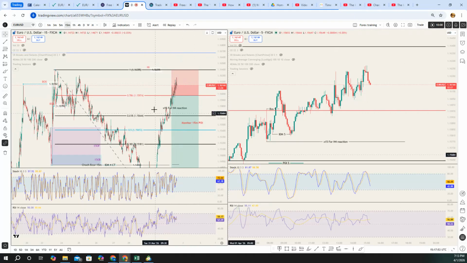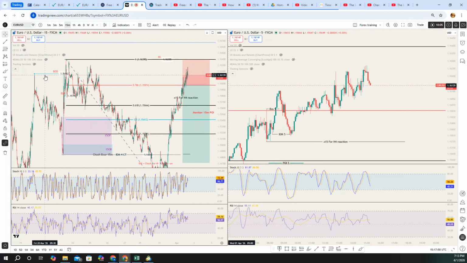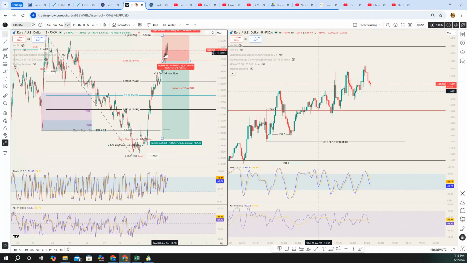Why? Because there is another thing that is happening. There are two structures happening here. One, which is the main structure of the 15 minute. Two, there is a reaction structure happening because of what is happening in the H4. So something is happening in the 4 hour time frame, and this is a reaction from that move. So this is what is happening on the 15 minute based on what is happening on the 4 hour.